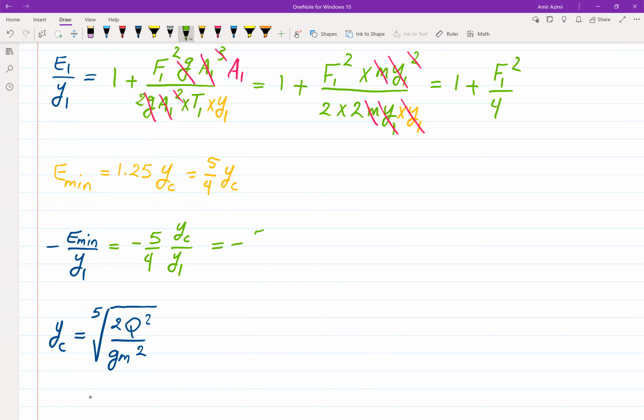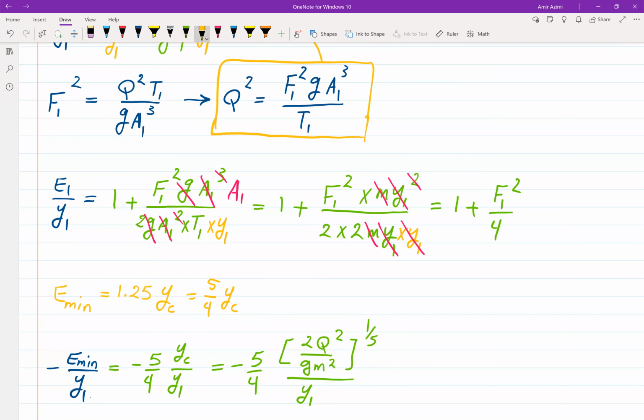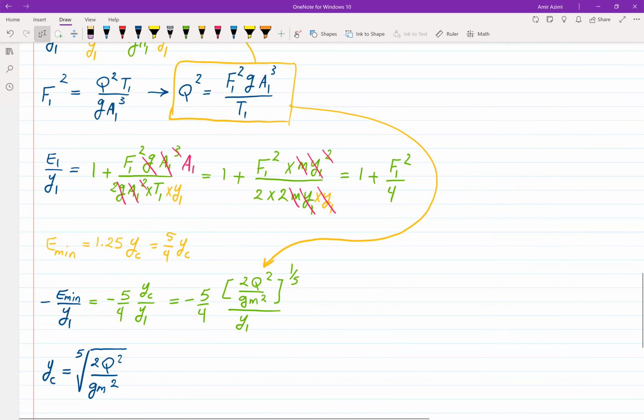So what we are going to do is use that expression. So it becomes minus 5/4 times 2Q squared divided by G M to the power of 2, to the power of 1/5, divided by Y1. So we use the same relationship as before to convert discharge into Froude number. So it becomes minus 5/4.